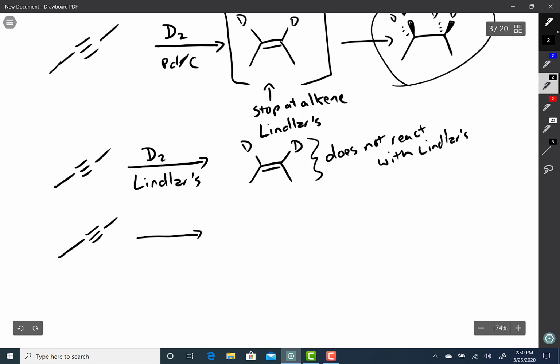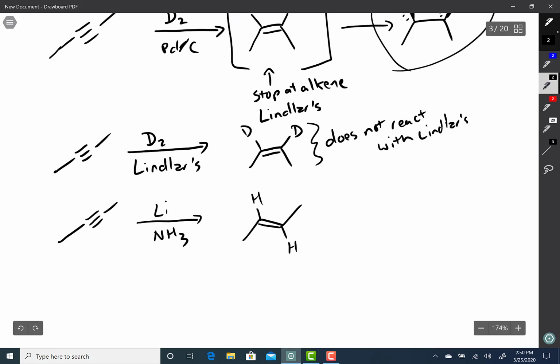If we want the trans-alkene, we would need to use lithium and ammonia. Now that adds hydrogens trans to each other. If we want to add deuteriums trans to each other, you need to understand where these hydrogens come from. And they come from the ammonia.